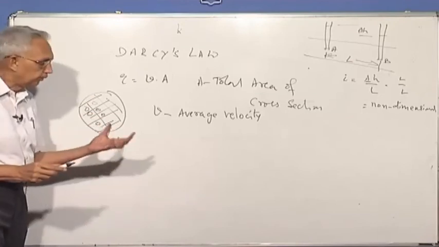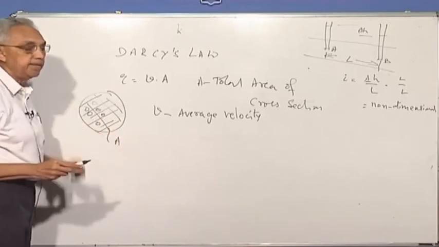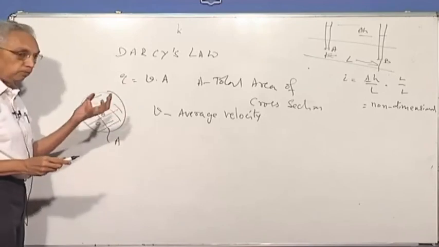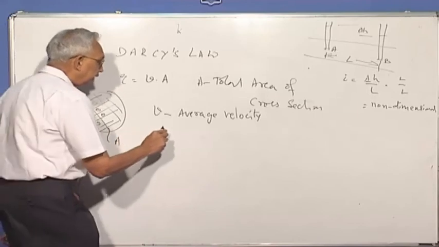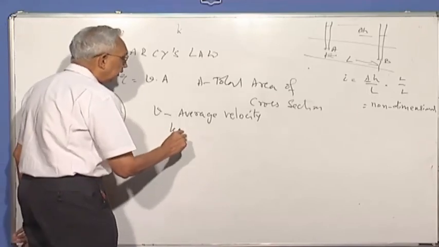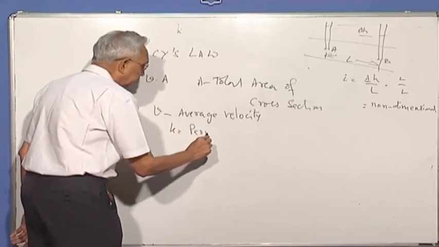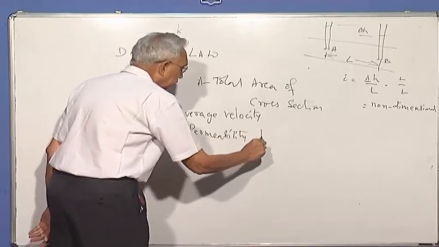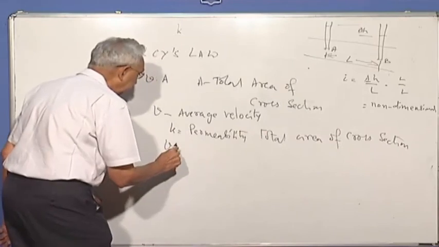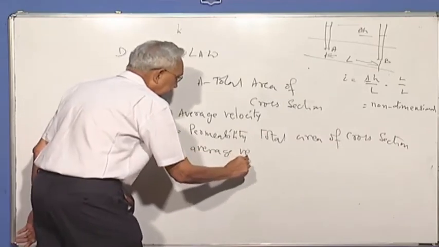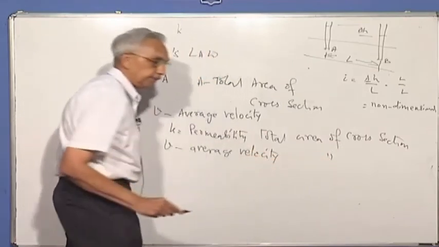But when Darcy looked at it, initially he didn't look at the individual void space but looked at the whole cross section area. So when I am looking at K, it is the coefficient of permeability based on the total area of cross section. So that V is the average velocity looking at the area of cross section.